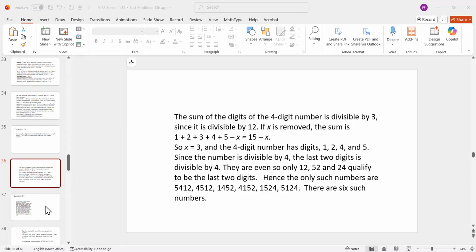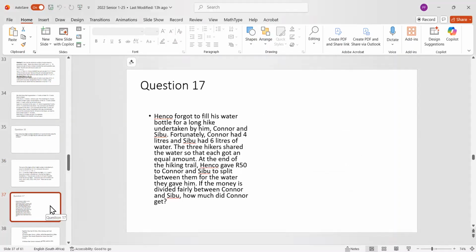Okay, let's look at question 17. Question 17 says, Henco forgot to fill his water bottle for a long hike undertaken by him, Connor, and Sibu.